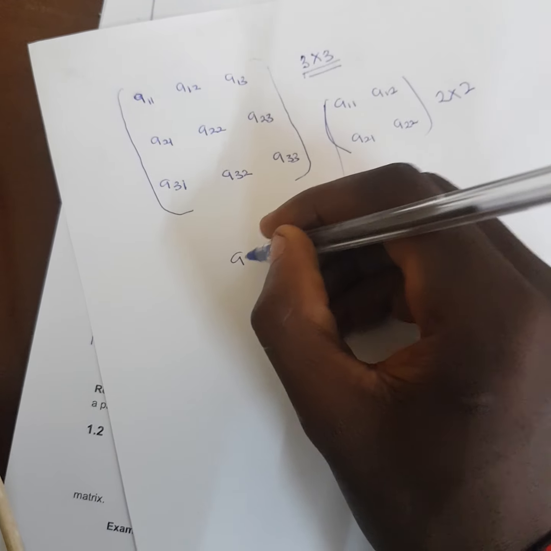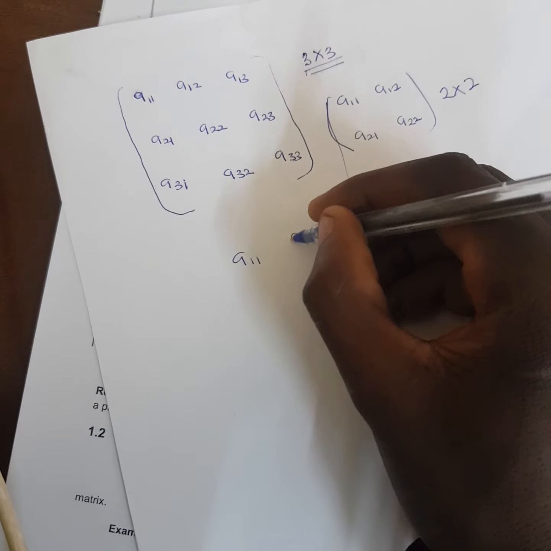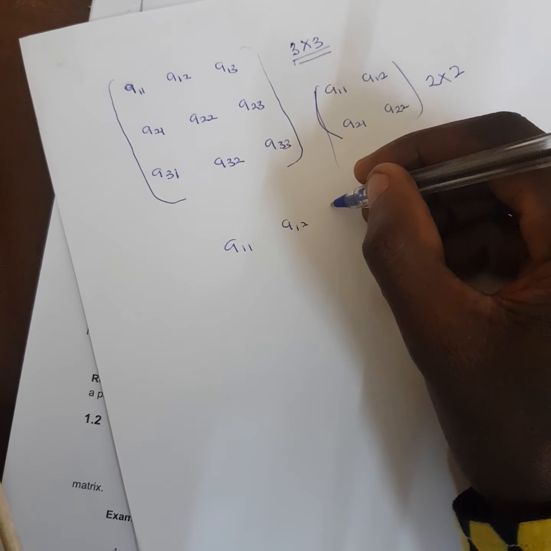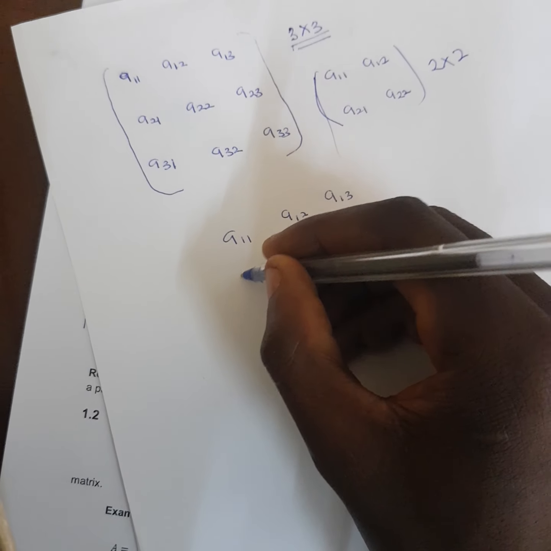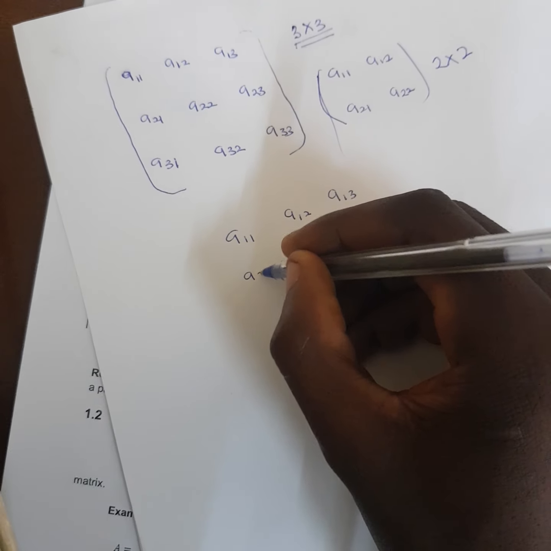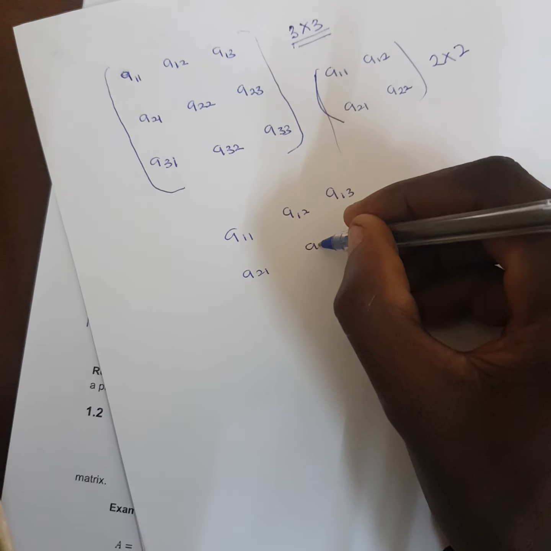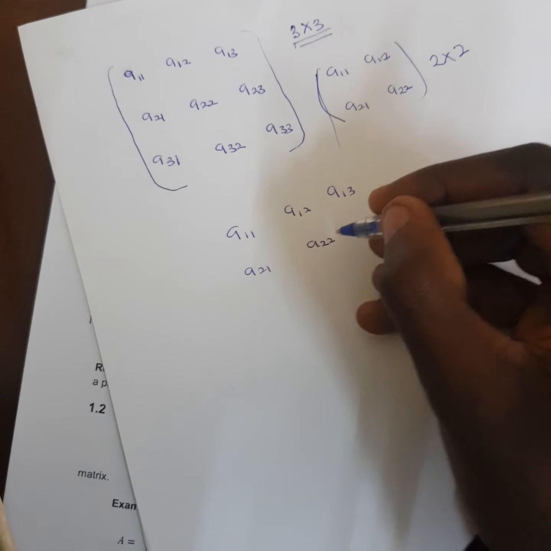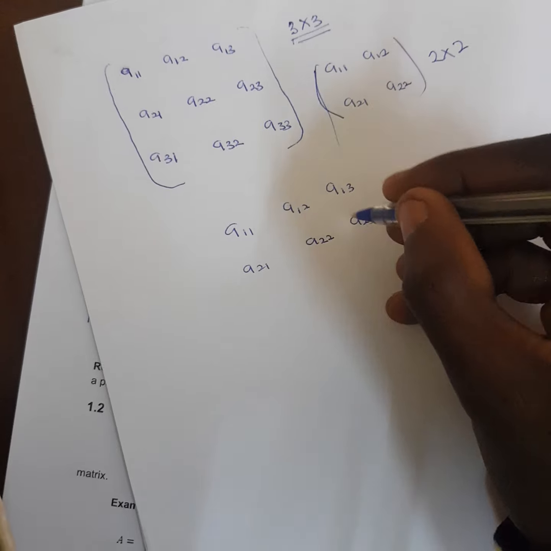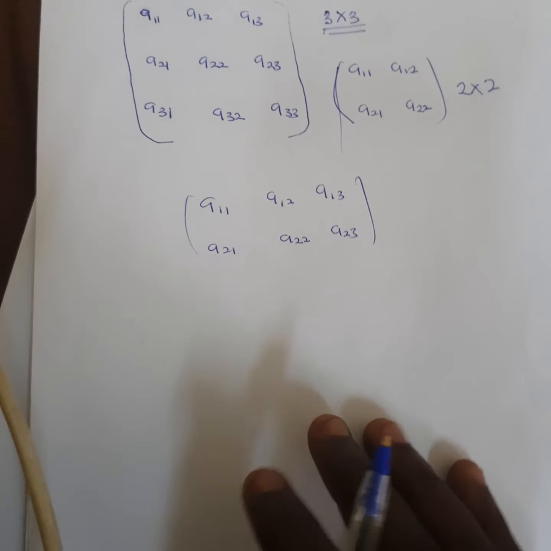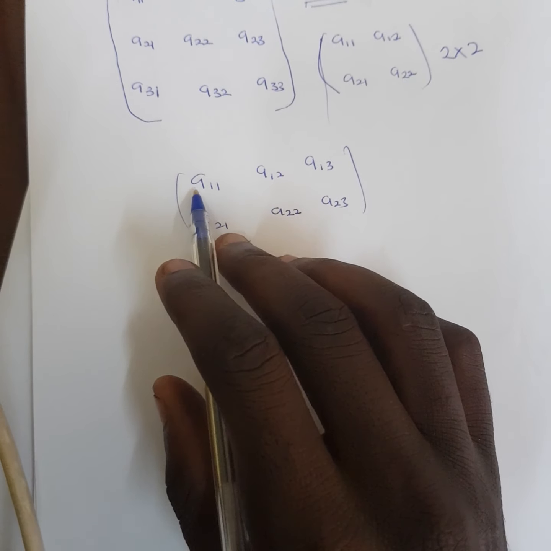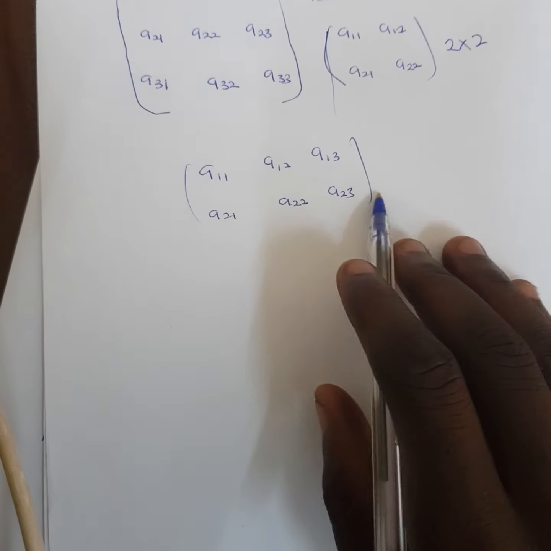We can also have a matrix like this: A11, A12, A13, A21, A22, A23. How many rows? 1, 2.